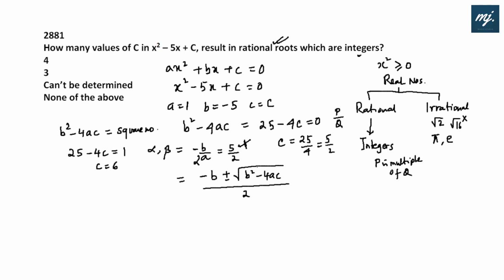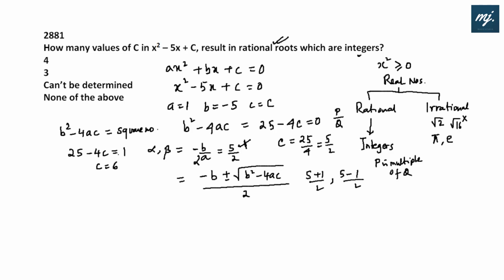The square root will be 1. Then it would be 5 plus 1, 6 by 2. We get the value 3 as a root, or 5 minus 1 by 2, that is 2. First we get 5 plus 1 by 2, that is 3, and then 5 minus 1 by 2, that is 2.